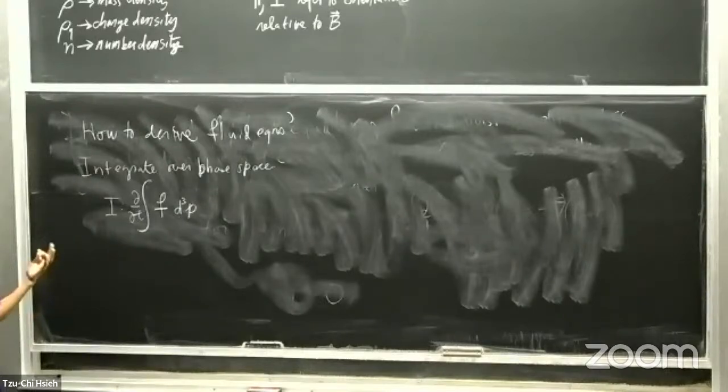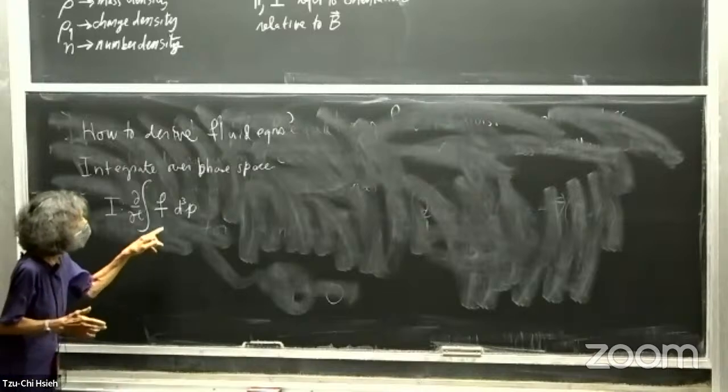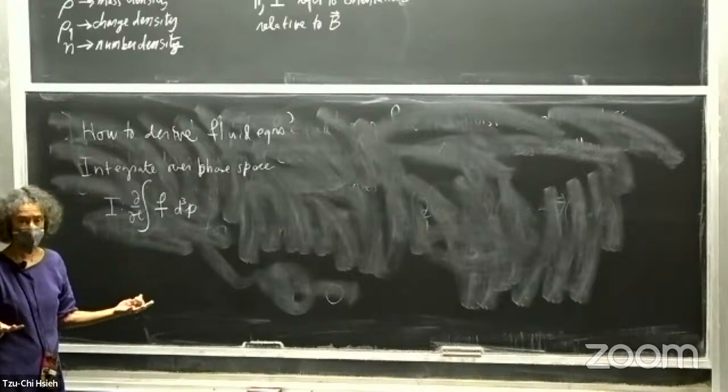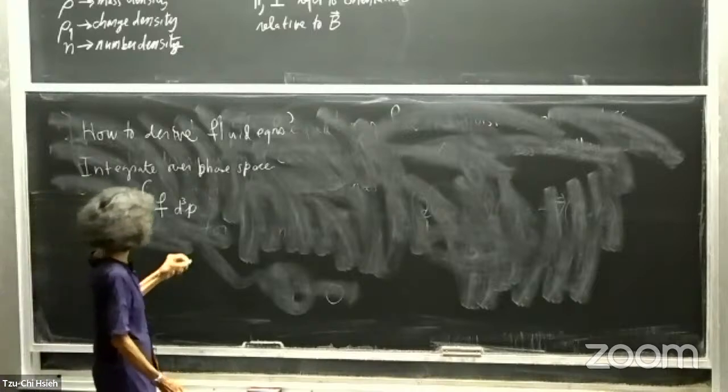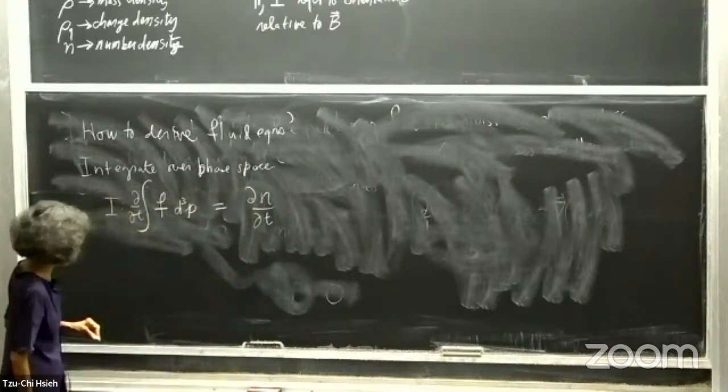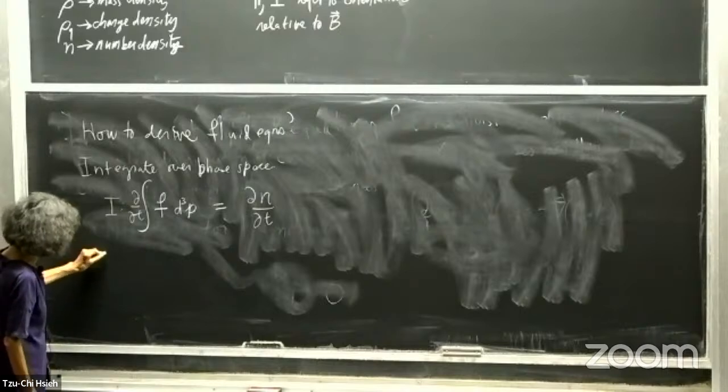And what do you think that name is? Yes, it's number, exactly. It's number density. So it's all the particles at X regardless of their momentum. That's what we do when we integrate over momentum space. So that is partial n, partial t. Okay, so far so good.